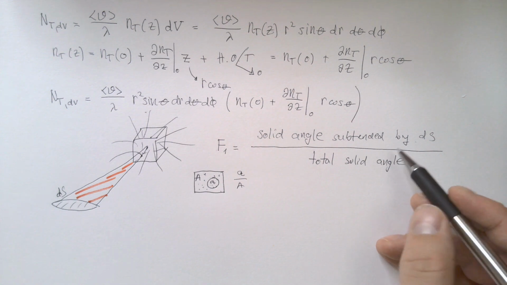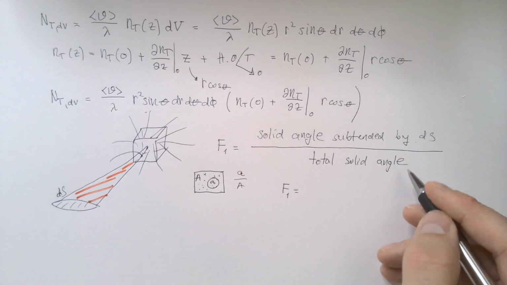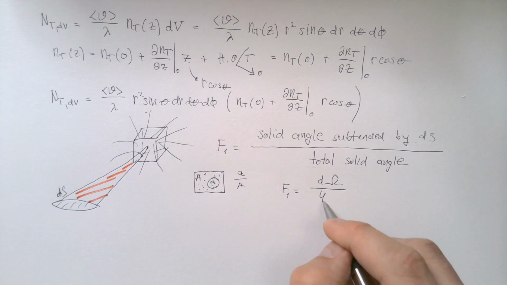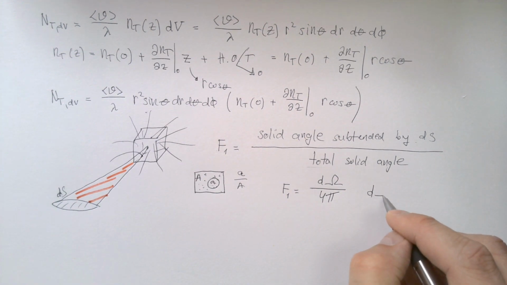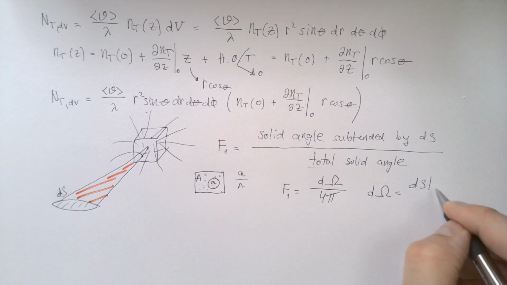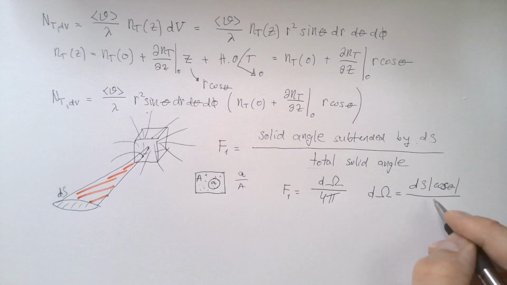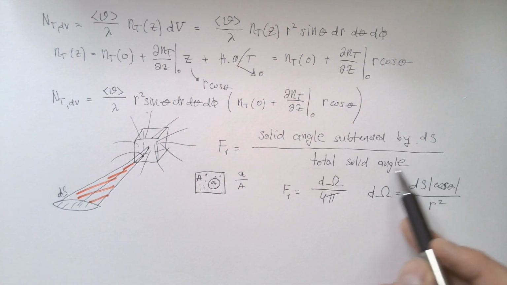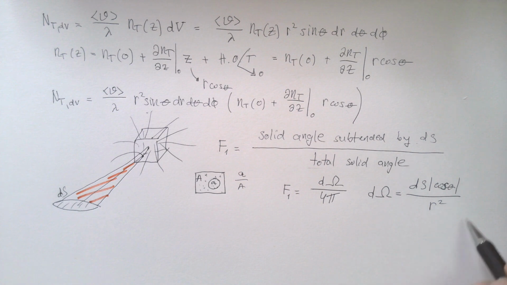Well, going back to this, what I just said is F1 is the solid angle subtended by ds, which I will call d omega, divided by the total solid angle, which is 4 pi. But from my video on solid angle, I explicitly derived that this d omega is equal to ds times cosine theta divided by this radial distance squared, r squared. Of course, if you are not familiar with solid angle, you cannot conclude this, but that's why I spent an entire video demonstrating this relationship.